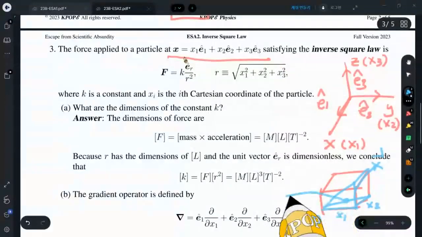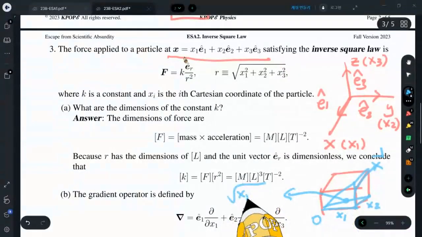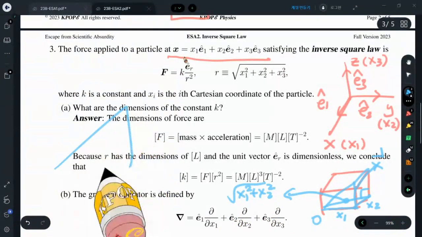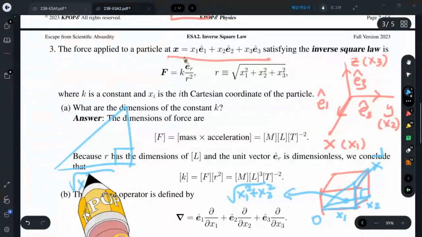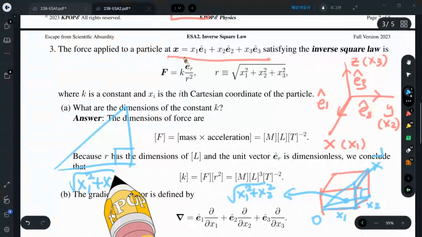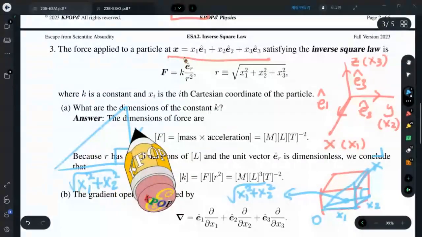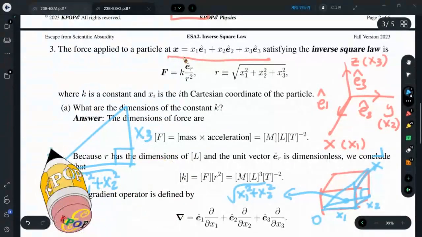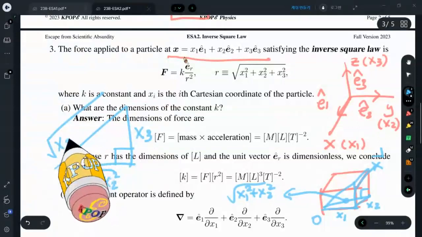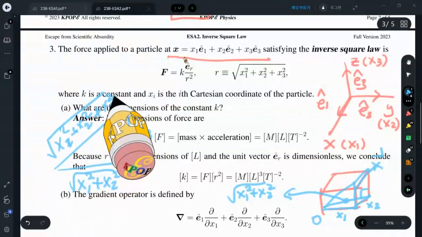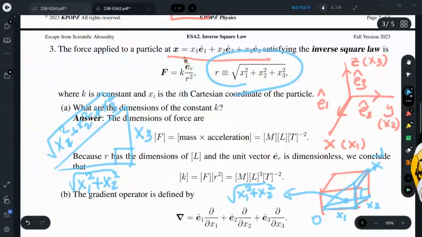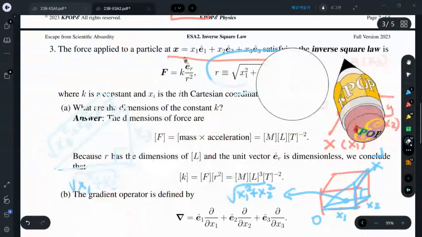Then what's the diagonal? This is x1 squared plus x2 squared. And then this is another right angle, this right triangle with x3. So the hypotenuse is the square root of x1 squared plus x2 squared plus x3 squared. Okay, this is the radius. We are ready to attack the problem.